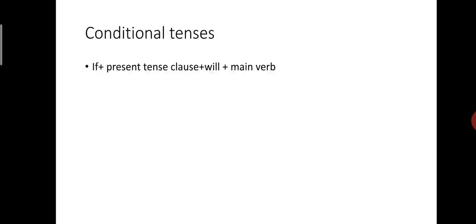Next, zero if conditional sentences. For example, had he been the police inspector there, he would have arrested the criminal. It means that as he was not the police inspector, the criminal was not arrested. So, it is called zero if. There is no use of if, but it is called zero if. Why?